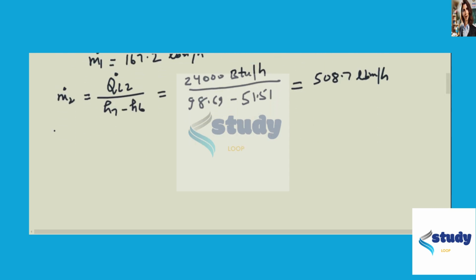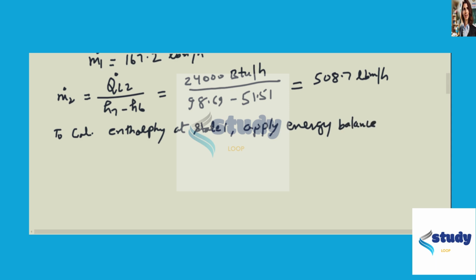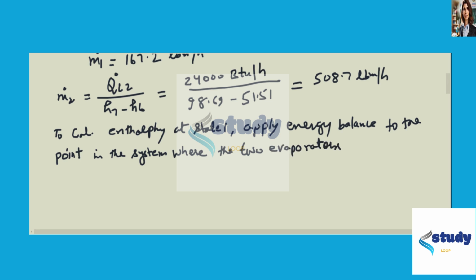To calculate the enthalpy at state 1, apply the energy balance to the point in the system where the two evaporator streams are recombined.